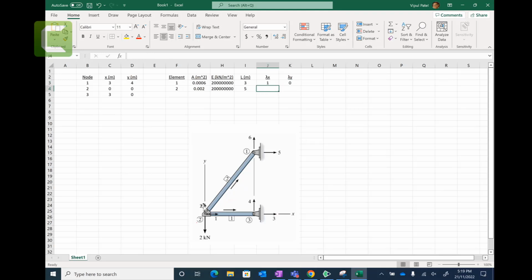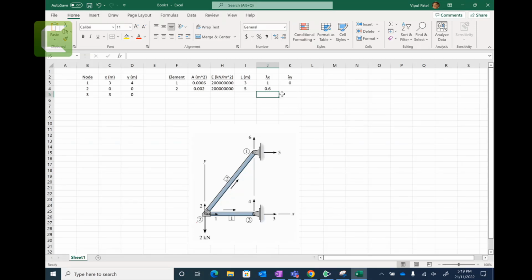I was just putting that value in element number 2. Now, element number 2, we have here this is 0, 0, and this one is 3 and 4. So x of number 1, take away x of number 2, divided by length, 0.6.